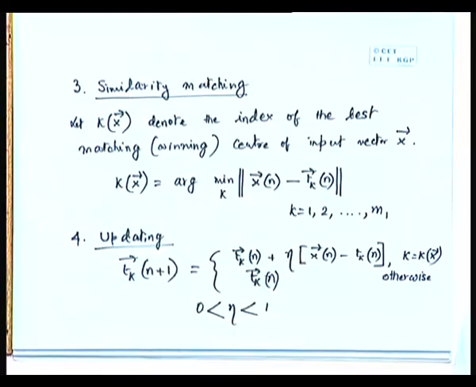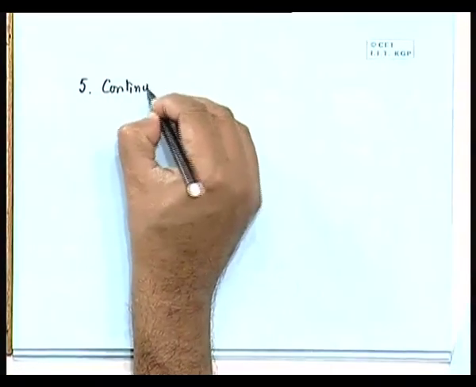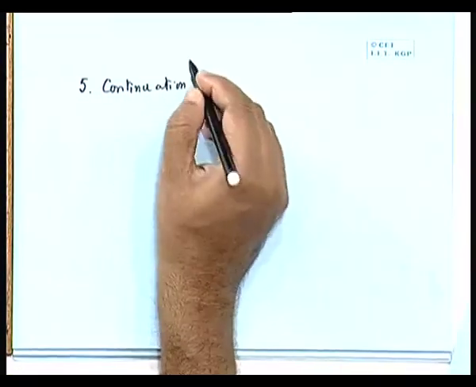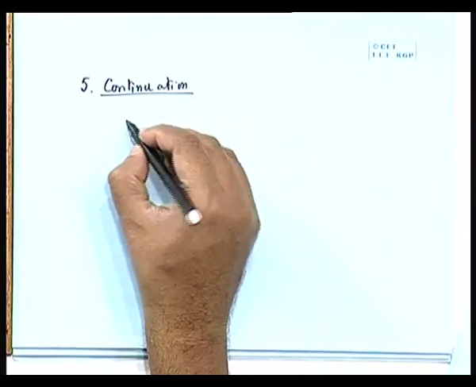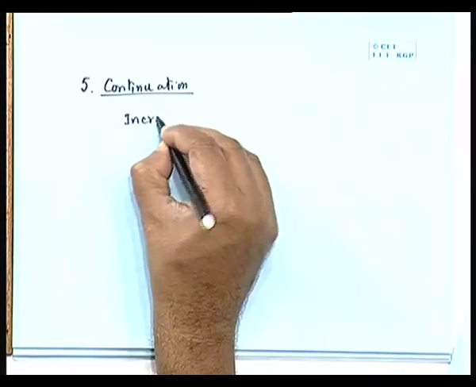Now, similarly we have to do it for all the patterns, and once that is done, we have to repeat it all over again. So the next step is the continuation. As a continuation step, we increment n by 1.